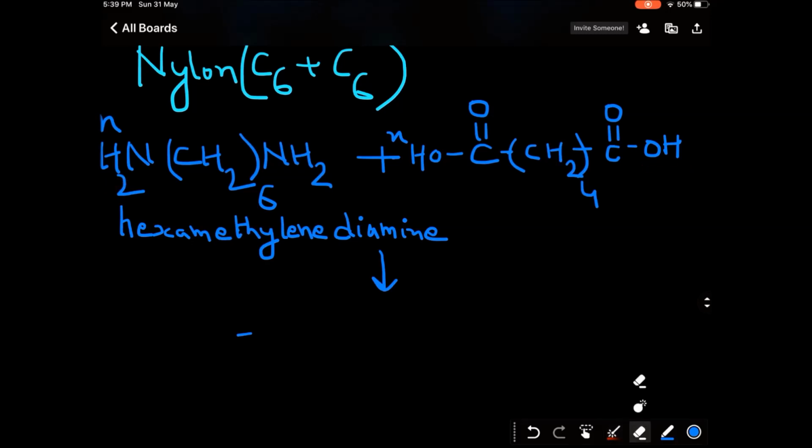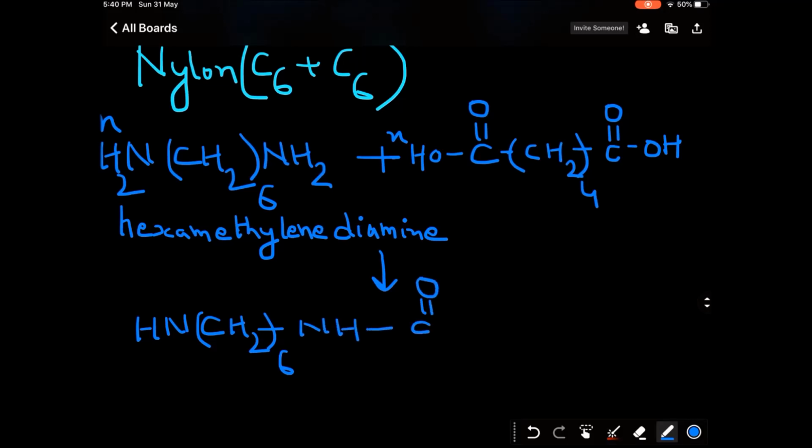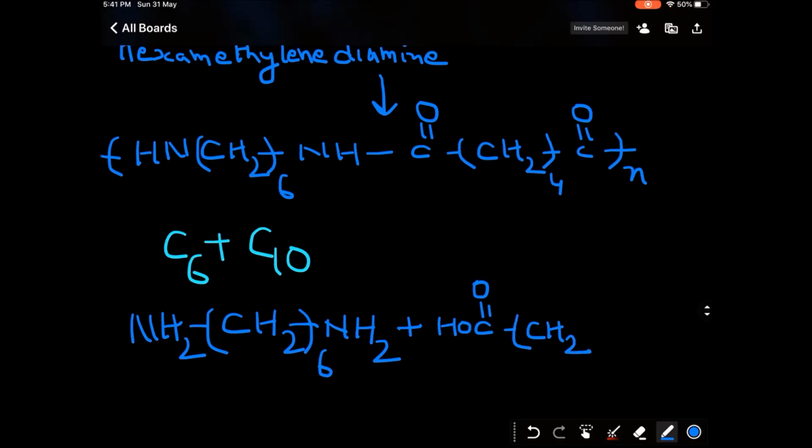So what will be the structure of the polymer formed? The structure of the polymer will be HN, CH2 6 times. Now look at this, NH C double bond O. This NH and this C double bond O. Here we have 8 carbons, so total is 10.